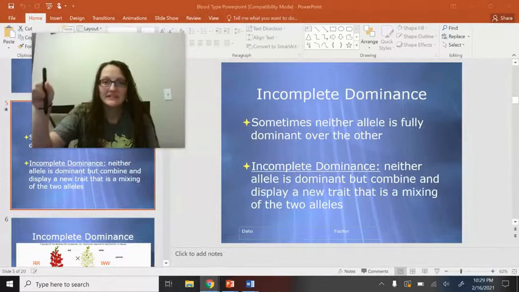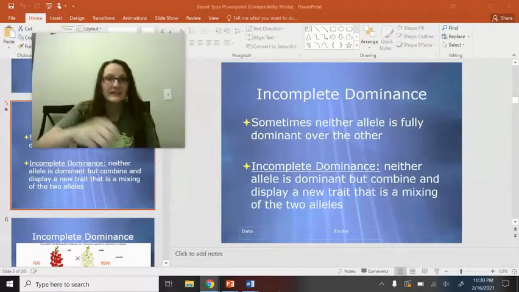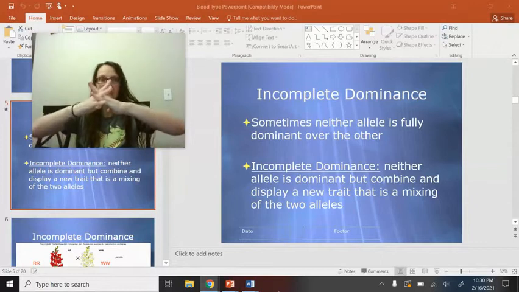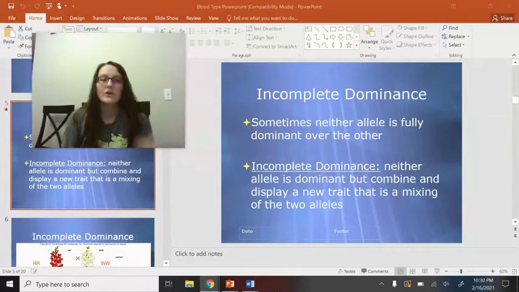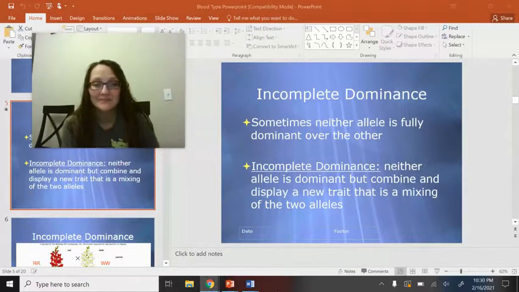All right, so incomplete dominance is where neither allele is dominant and neither allele is recessive. They just sort of blend. And so you guys are already experts on this. You probably have been experts on this since preschool or kindergarten, which is awesome.